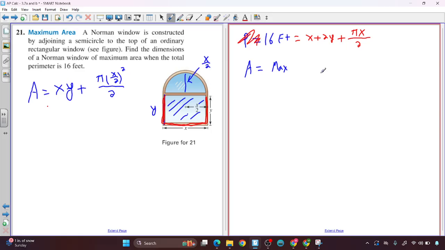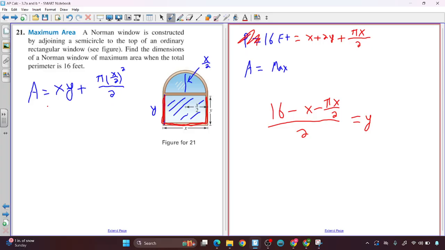So let's get rid of y potentially, because I think if we put something crazy in here for x and square it, it's going to be really annoying. So let's just get rid of y. So 16 minus x minus pi x over 2, all over 2, is y. Not great, but we got to do what we got to do.